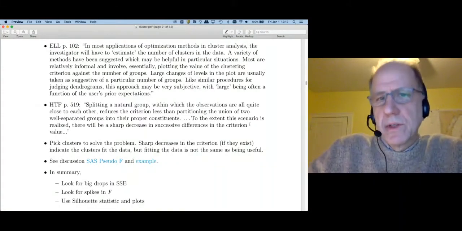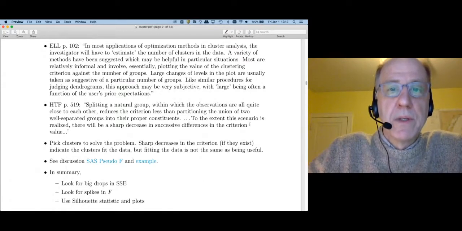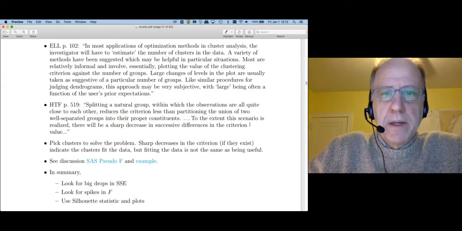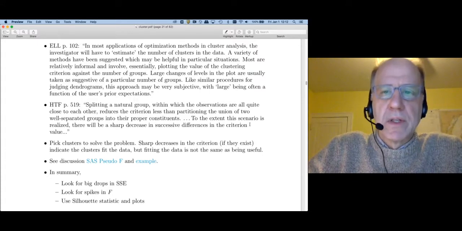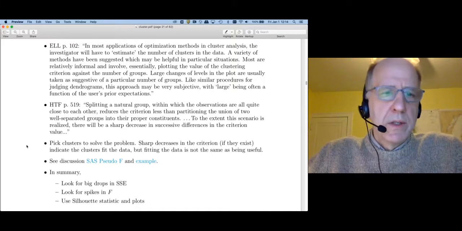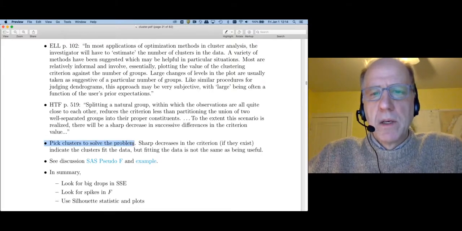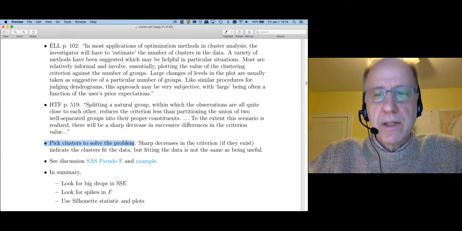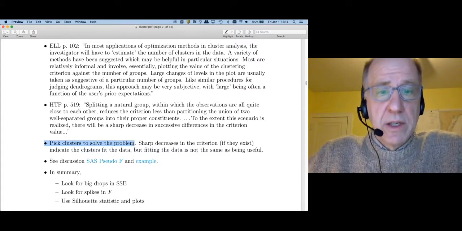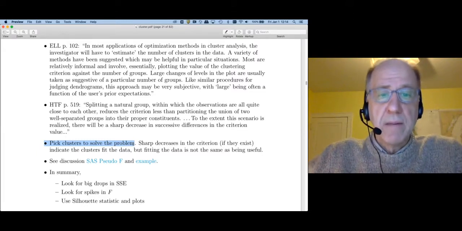The other thing that you'll see in these quotes is that I think the authors are a bit skeptical of this. In my experience with a lot of real data sets, it's never this clean. So my position on all this is pick clusters to solve the problem. Large decreases in the criterion, if they actually exist, indicate that some cluster solution fits the data.